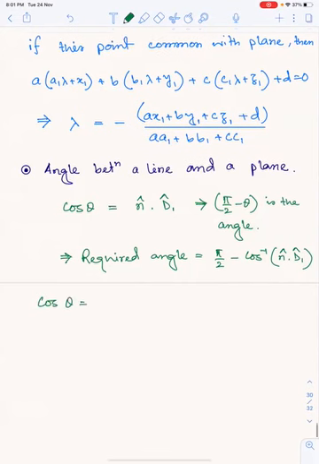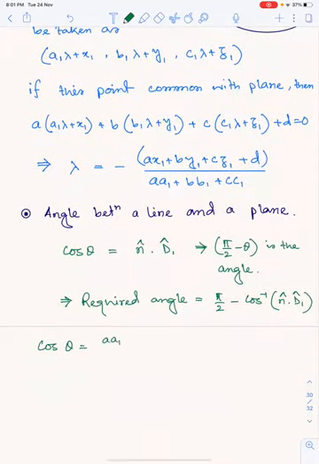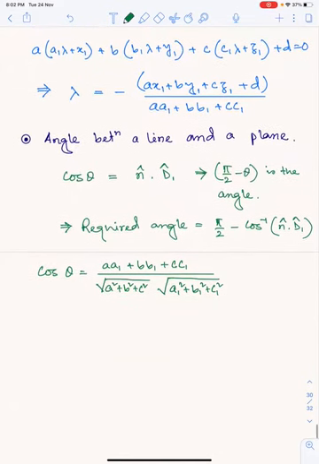This cos theta is going to be (A a1 plus B b1 plus C c1) divided by (root over A square plus B square plus C square) into (root over a1 square plus b1 square plus c1 square). So from there we can determine theta in Cartesian form, and again pi by 2 minus cos inverse of this value is going to be the required angle.